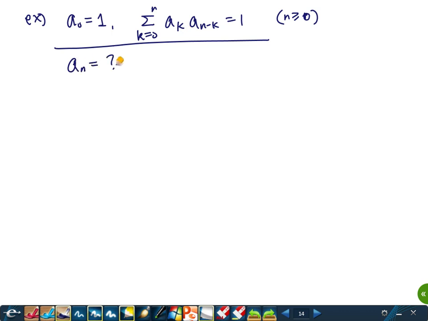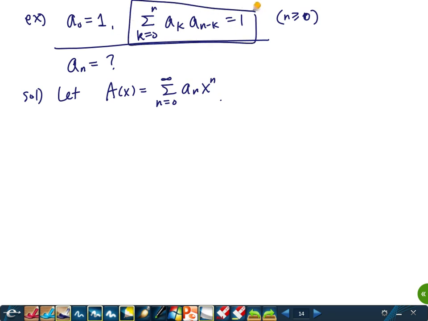Okay? Let's do this using a generating function. So solution: let's say A(x) equals this, the generating function for this sequence. You have seen this before. When you multiply two generating functions, it looks like this.